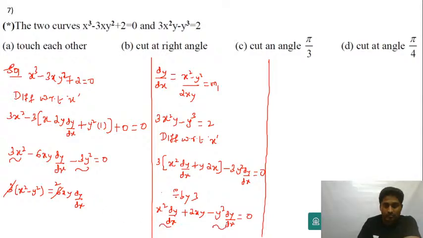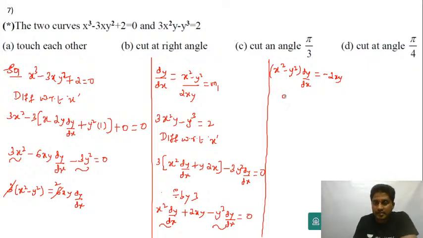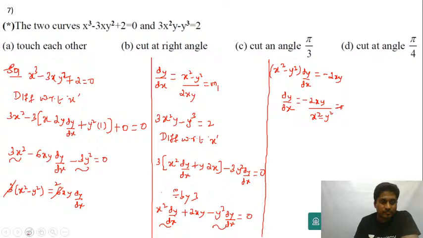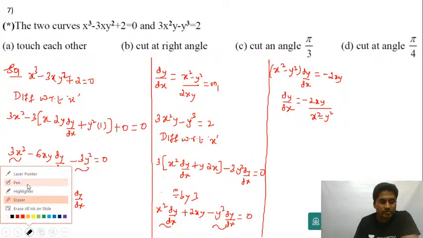So this becomes (x square minus y square) into dy by dx is equal to minus 2xy. And from this I can write dy by dx is equal to minus 2xy divided by (x square minus y square). This is m2.